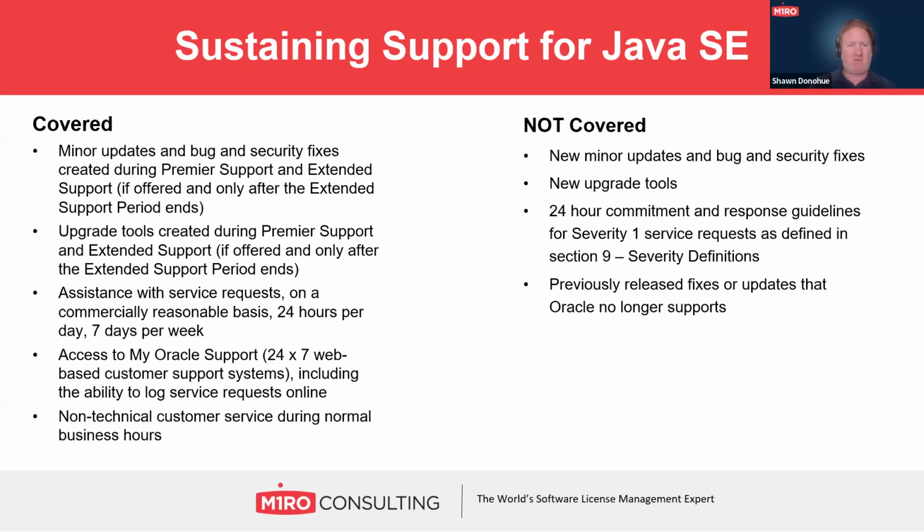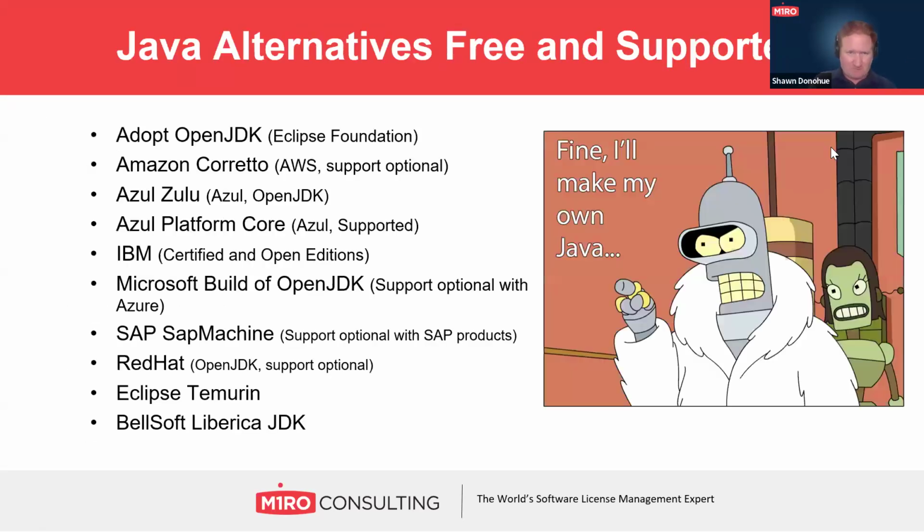They're going to make a reasonable attempt to help you if you are a paid customer in a reasonable time period, etc. But they're not going to cover something like a 24-hour commitment. They're not going to develop anything for it. Anything that ends out of support, they stop putting updates out for it whatsoever. So the point here is, you don't need to be an expert in updates and support. It's just that if it's in sustaining support, it is a lower level of support.